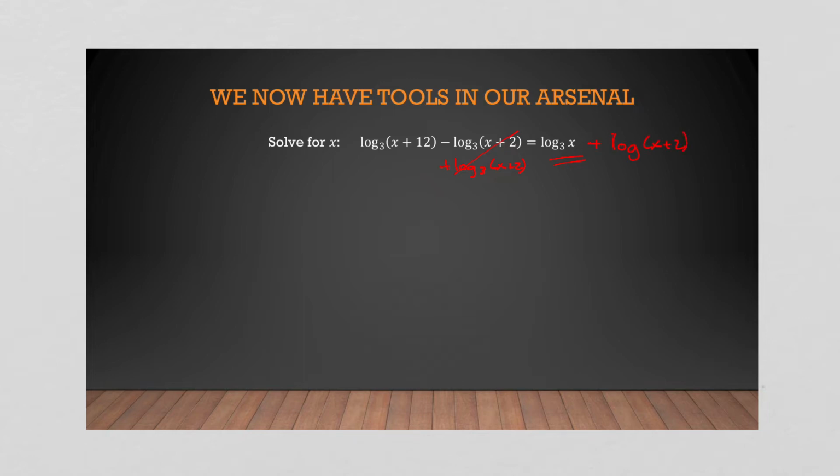Because now what we get is log base 3 of (x + 12) equals log base 3 of x times (x + 2). Now, if you remember your exponent laws, how we had 2 to the x equals 2 to the 3, and if those are the same, we could just compare the exponents.